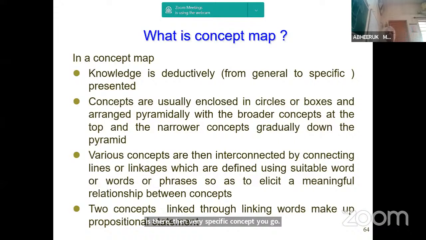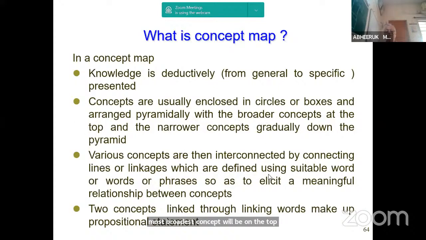It is a tree structure. Concepts are usually enclosed in circles or boxes and arranged pyramidically. On the top is the most general concept, and at the bottom it branches into very specific concepts. The broadest concept will be on the top.